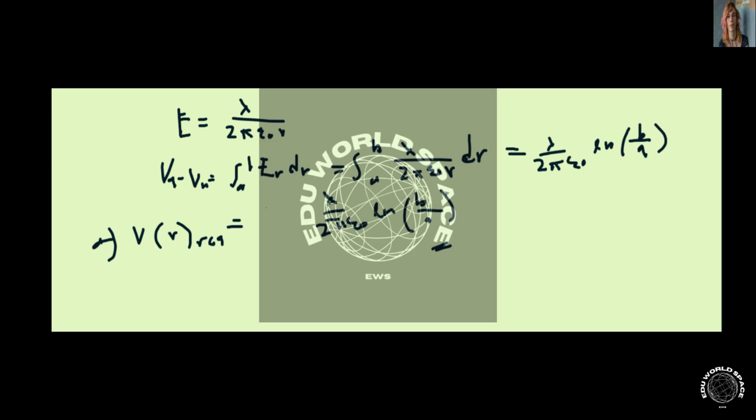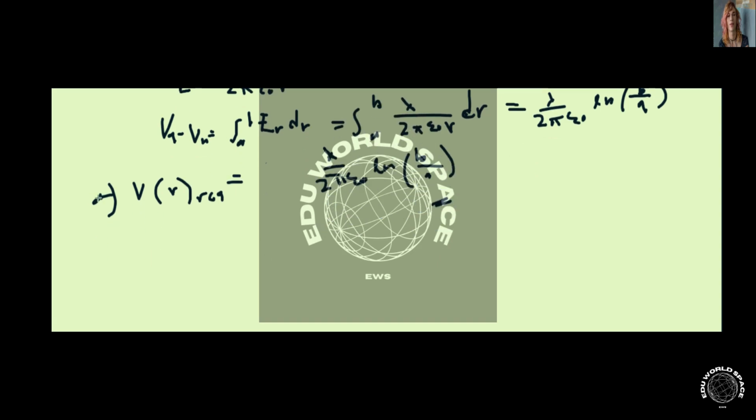Now moving on to the next part of part A, the potential at distance r greater than a and less than b. Let's write another new expression: a is less than r, but r is less than b.